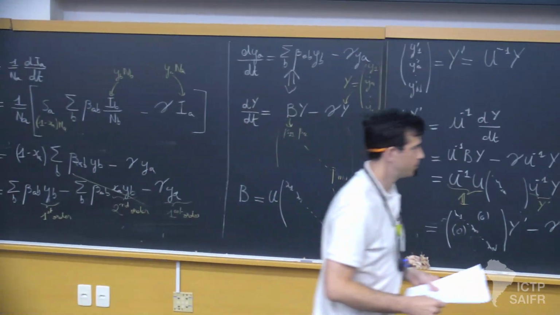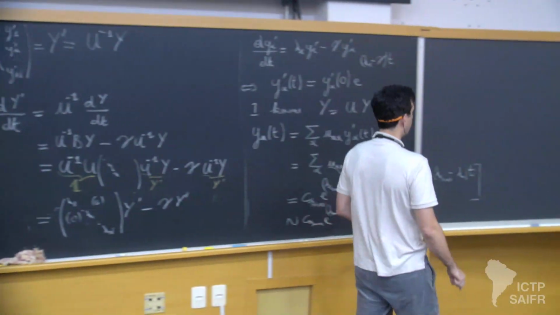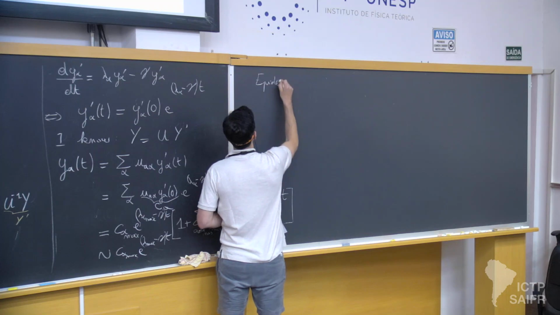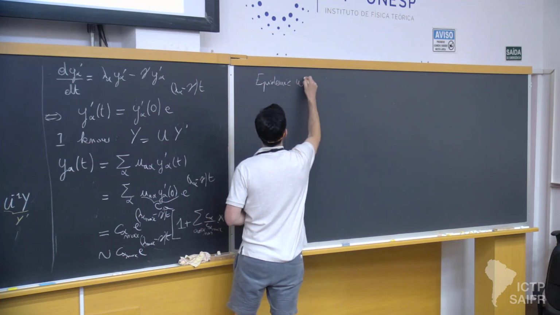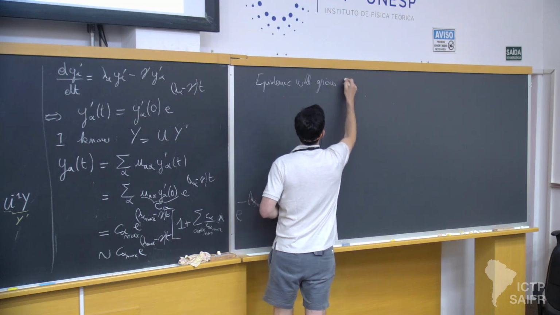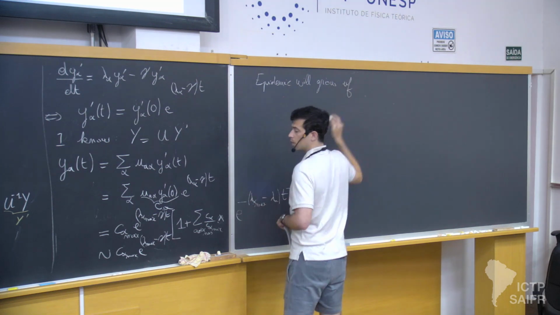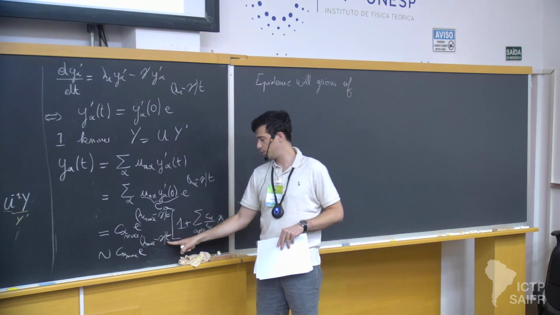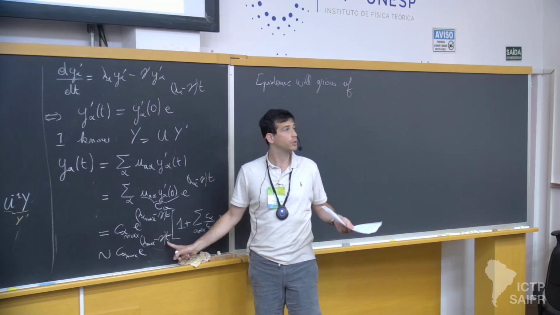And so from there, the epidemic will grow only if what's in this exponential before the t is positive. Otherwise, it will also go to 0.